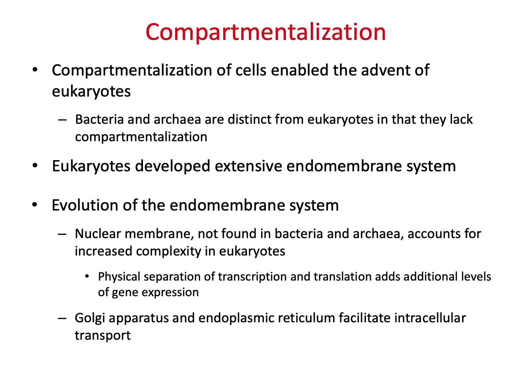We all know that bacteria and archaea don't have this compartmentalization as a nucleus. So their transcription and translation happen together in the cytoplasm. That is one of the differences between eukaryotes and prokaryotes. Eukaryotes also have the Golgi apparatus and endoplasmic reticulum that facilitate intracellular transportation.